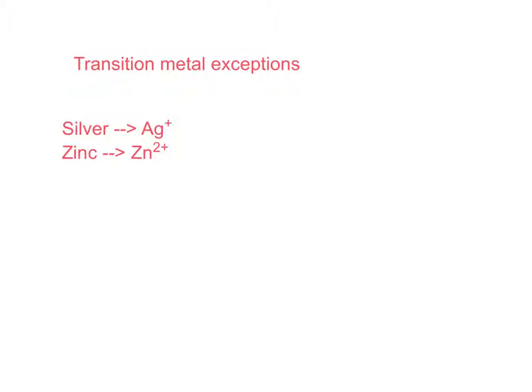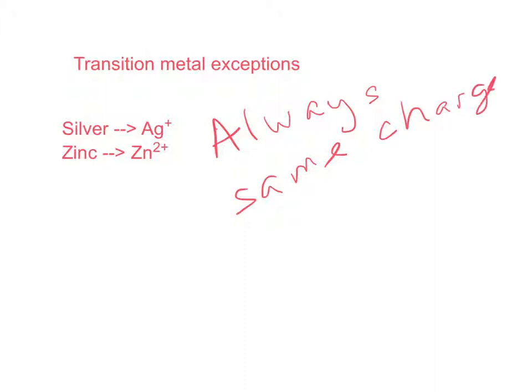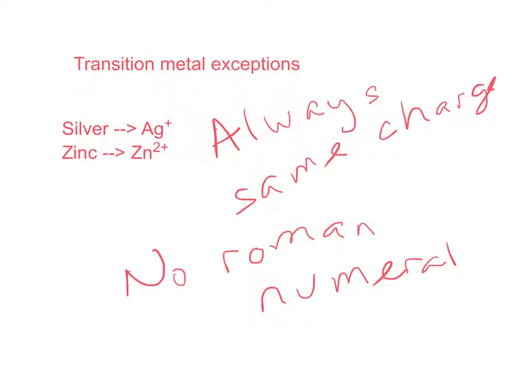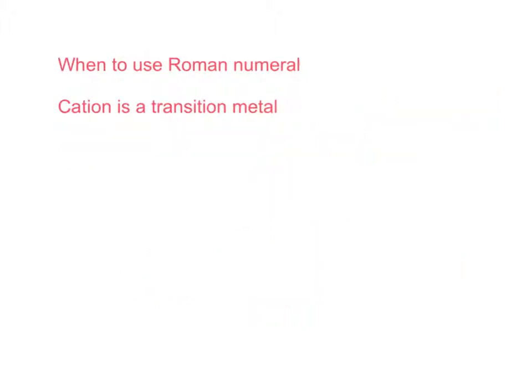Since these elements always have the same ionic charge, we do not need the Roman numeral. So when do we use a Roman numeral?